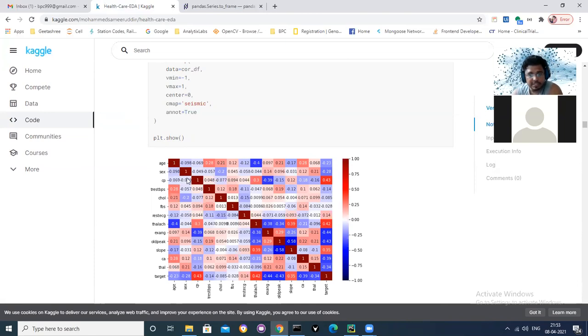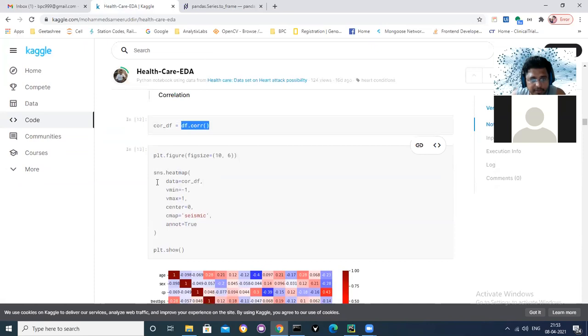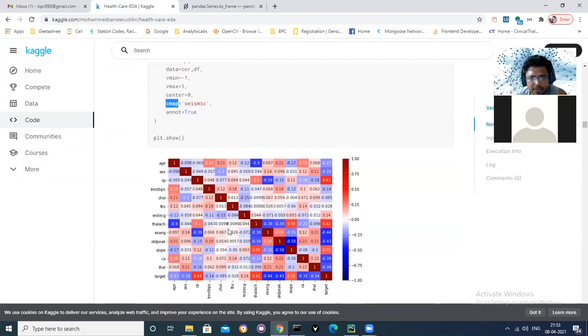You have to remember this heat map function. This cmap is the color map. It will tell us which one to paint as red color, which one to paint as blue color. So here will be the heat map. This is beautiful information which will tell you the relationship between every two columns.